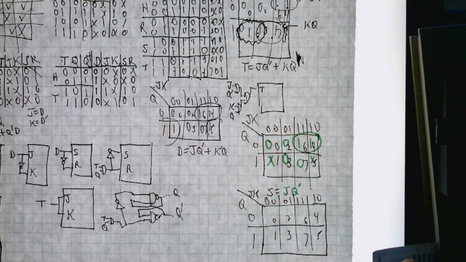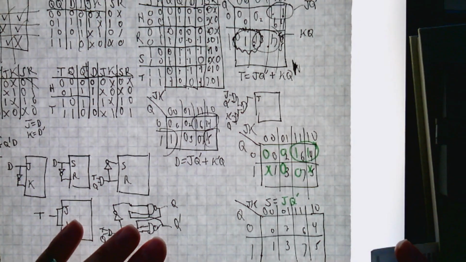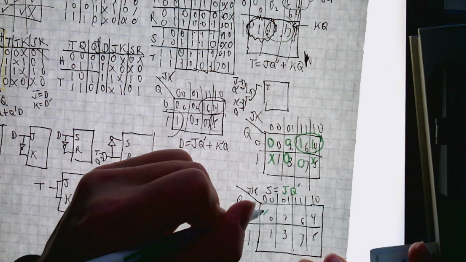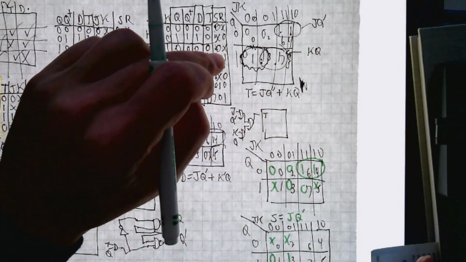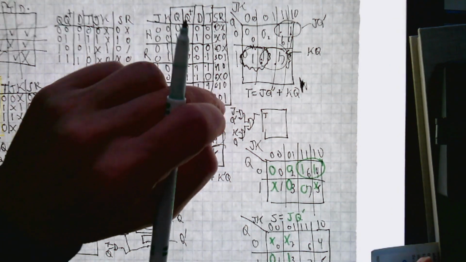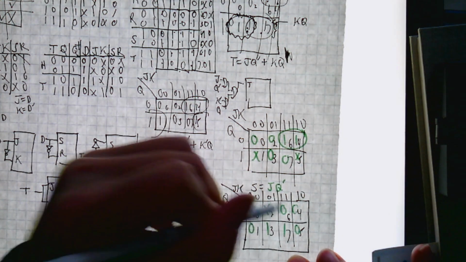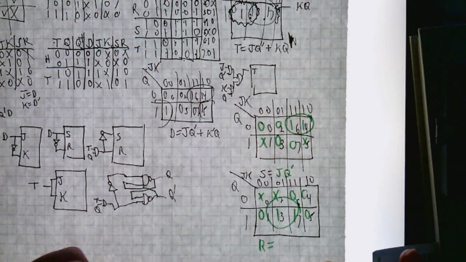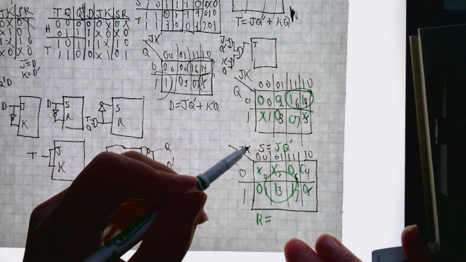We'll change colors. I think changing colors actually is really good. So now it's going to be X0, X1, X0, X1, X0, X1, 0, 0, 0, 1. And now I can do a loop, and I can write R equals, and it's R equals KQ.